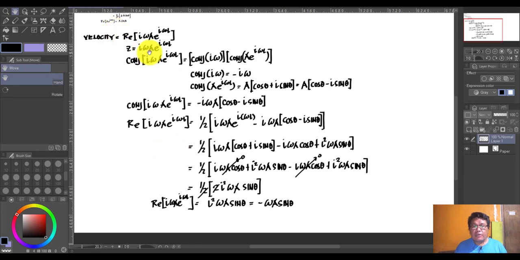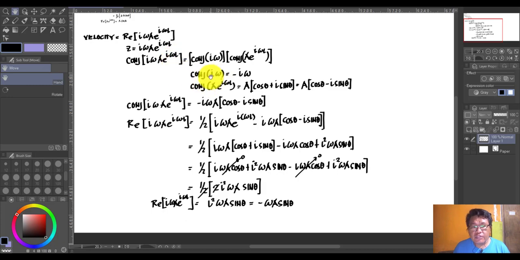Okay, so for my velocity here, we have the real part of my velocity, so we have i times the angular velocity ω, amplitude A, then we have your e to the exponent i ω t. For the function, so we have this one, okay, so my velocity and the conjugate of my function, so that is the conjugate of i, which is the coefficient of i ω, times the conjugate of my A e to the i ω t.